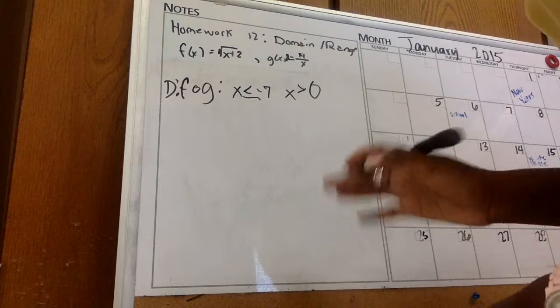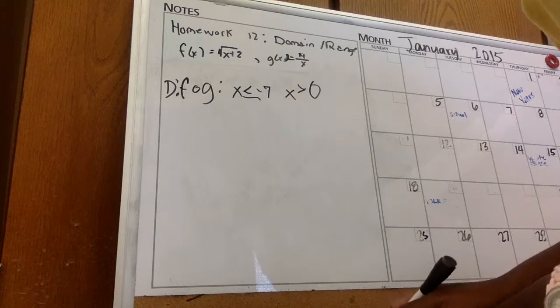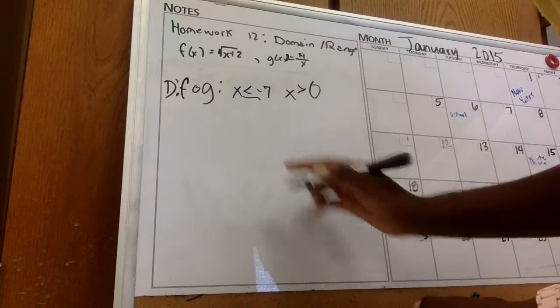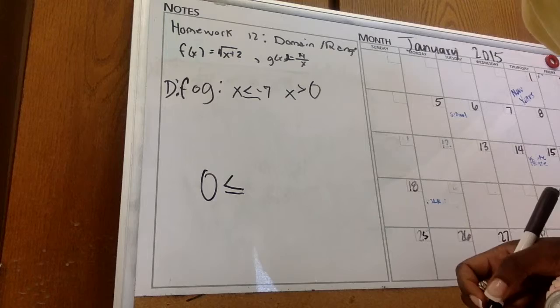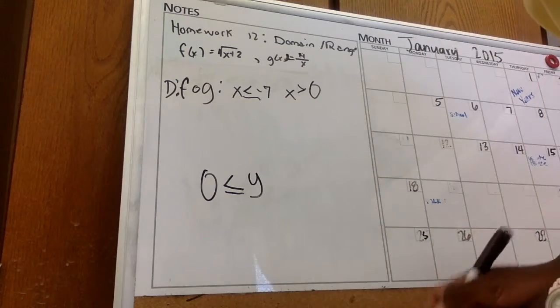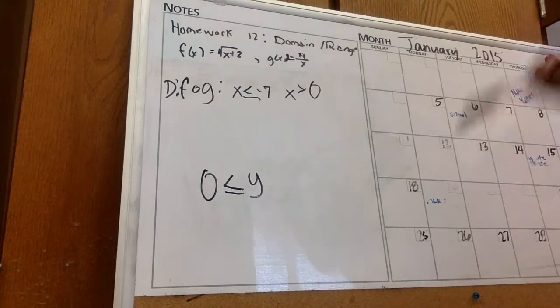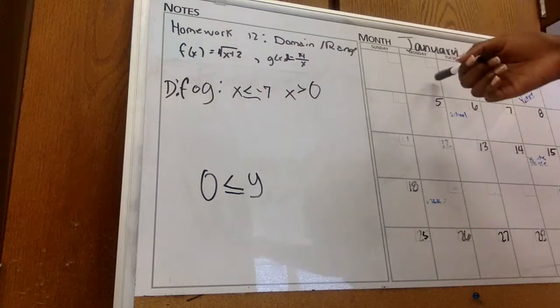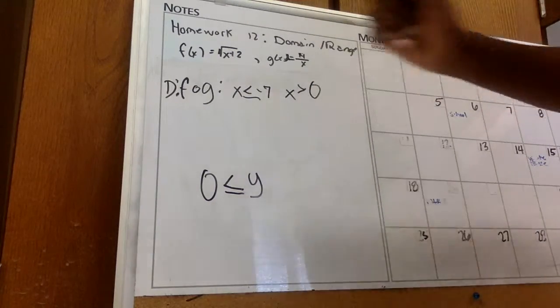When you plug in -7 into the equation, you find that f of g is 0, so that becomes your lower bound. This is y because it's the range. And now for the upper bound, you're going to plug in larger negative numbers, since it's less than -7, so like -8, -9, -10, and so on.